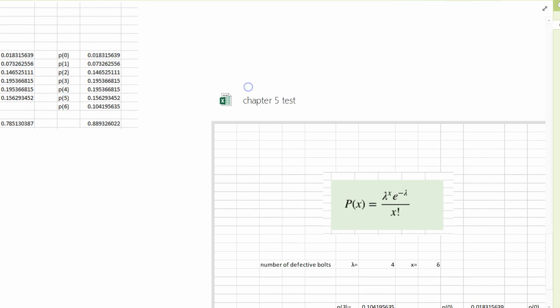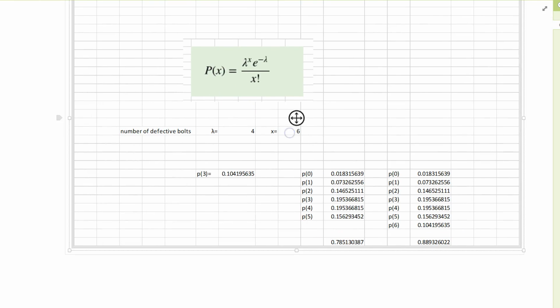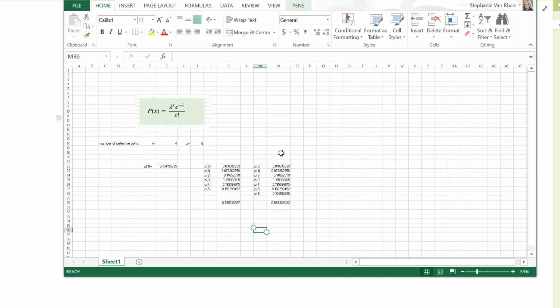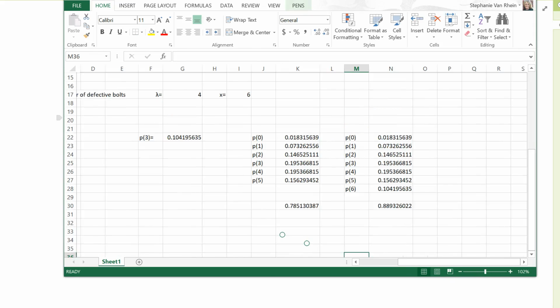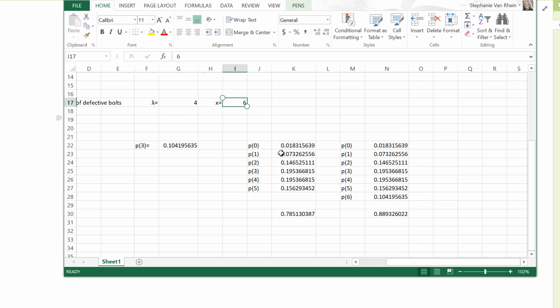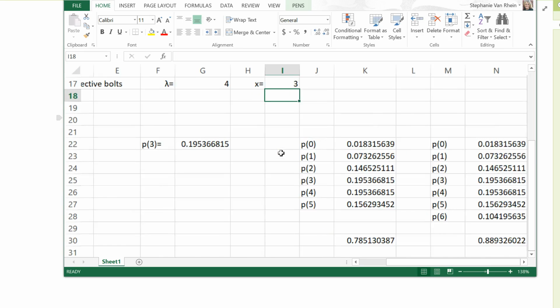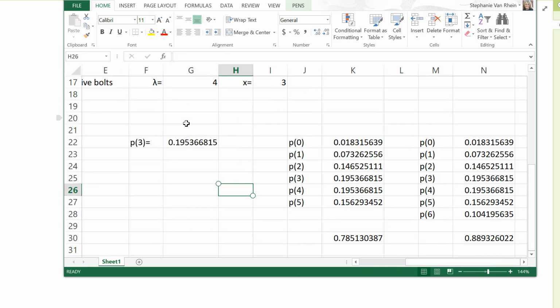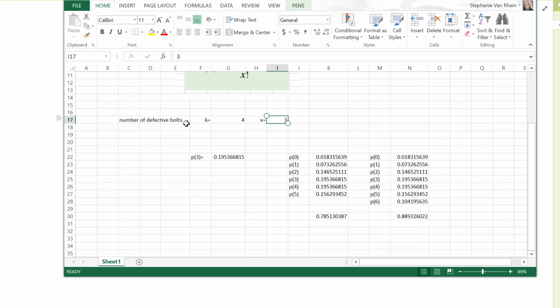So I did this in Excel and I did a couple different ones. So if I plug in, I can edit it. So here, lambda being 3, and you can see it is that answer. I just use this formula. If I change it to lambda being 4, it calculates it for me.